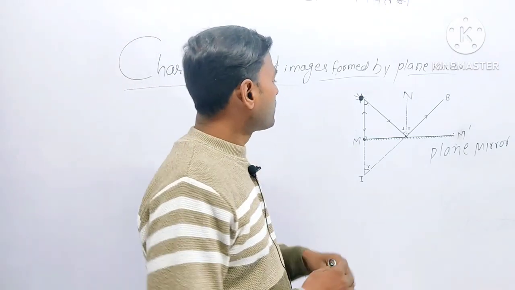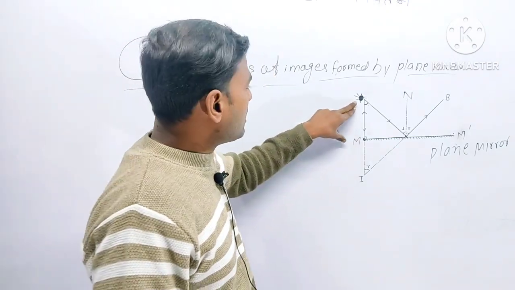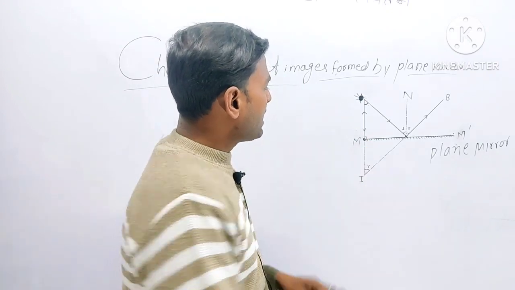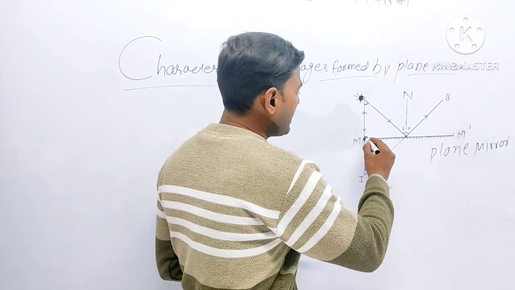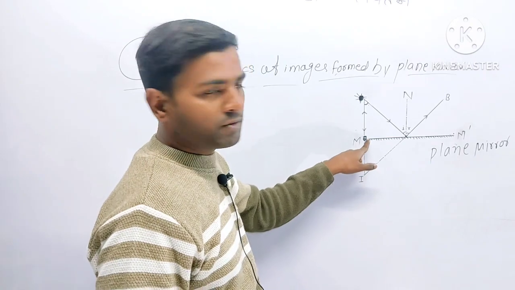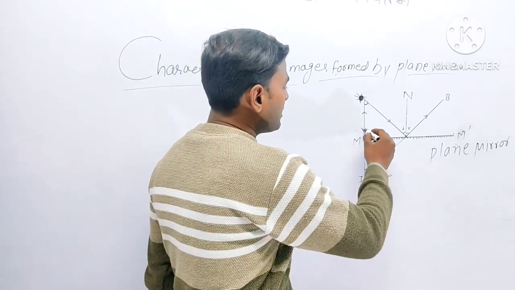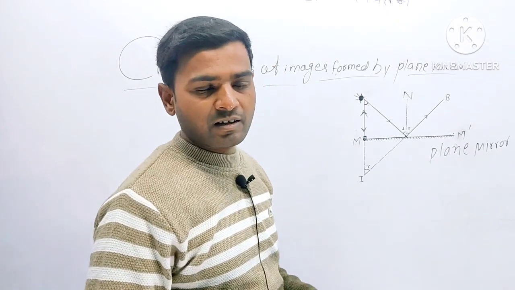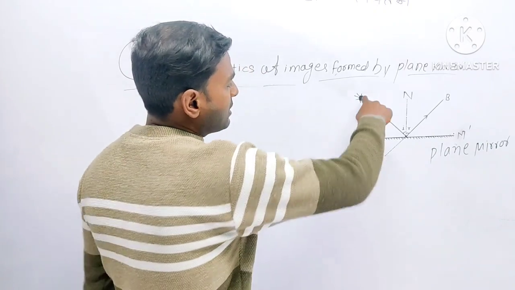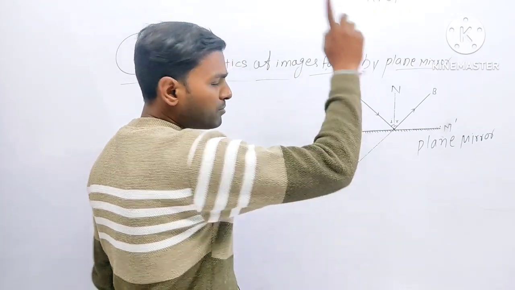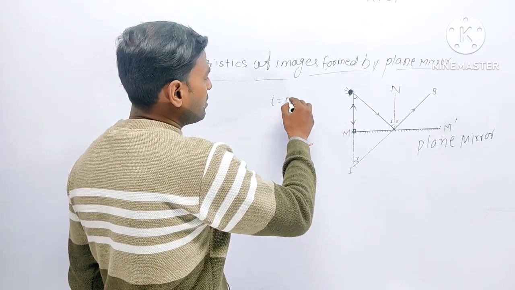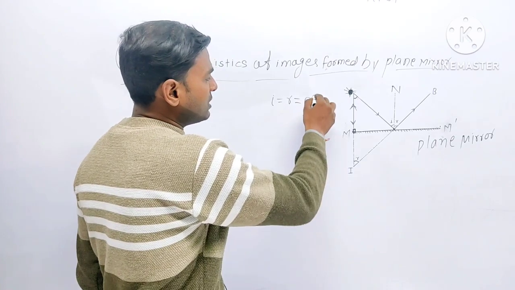What is happening here is a ray of light falling on this plane mirror perpendicularly, at 90 degrees, and getting reflected back on the same path. It means the angle of incidence equals the angle of reflection equals 0 degrees.